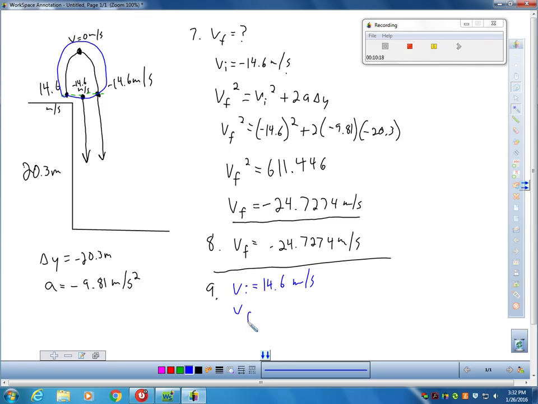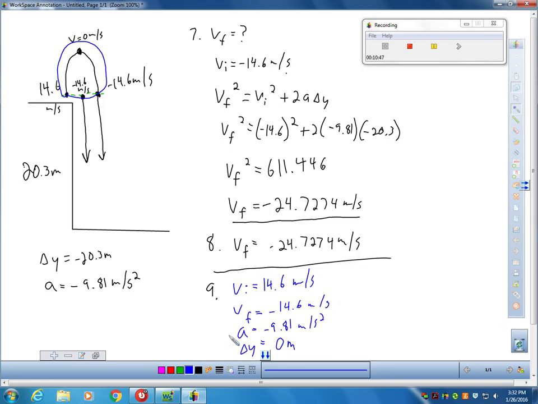VF equals negative 14.6 meters per second. My acceleration is still the same. Acceleration is negative 9.81 meters per second squared. And interestingly enough, since it finishes at the same height where it started, delta y is actually 0. And so delta y equals 0 meters.